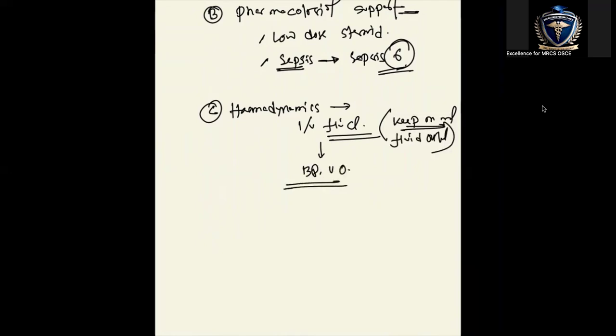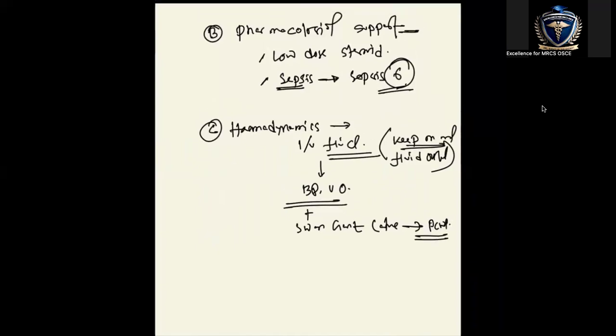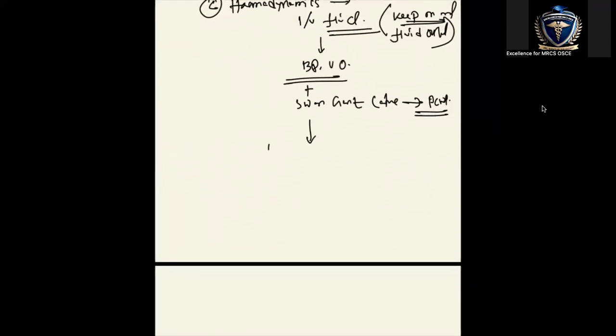We can also use the Swan-Ganz catheter to monitor the pulmonary capillary wedge pressure. If we are giving the fluid and still there is no circulatory improvement despite adequate hydration, then we can use dopamine in a low dose.